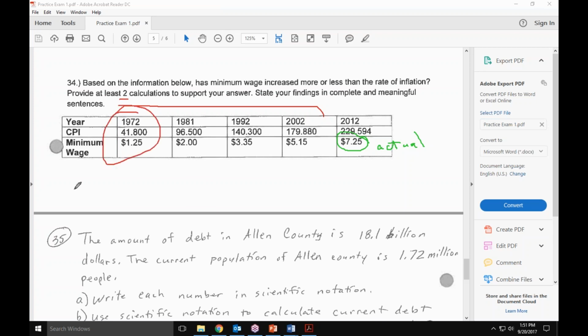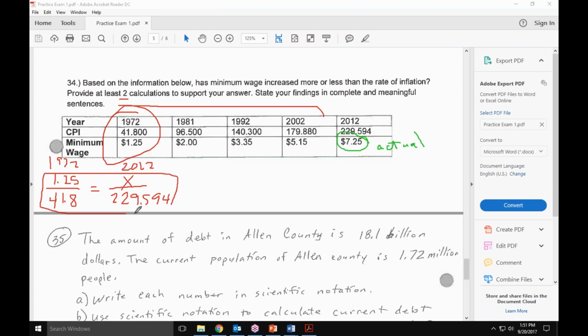It says 2 calculations, so we'd actually do this twice. But I'm going to start with 1972, and we want to compare 1972 to 2012 using our CPI proportional thinking. Meaning, in 1972, if our minimum wage was $1.25 with a consumer price index of 41.8, and minimum wage had kept up exactly the same as inflation, our minimum wage would be X in 2012 with a CPI of 229.594.